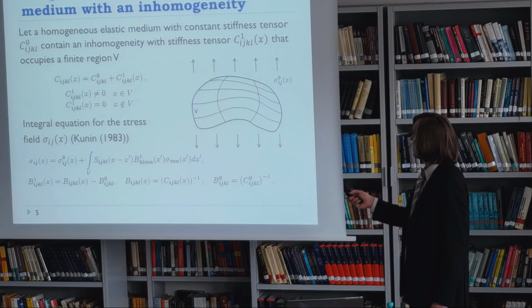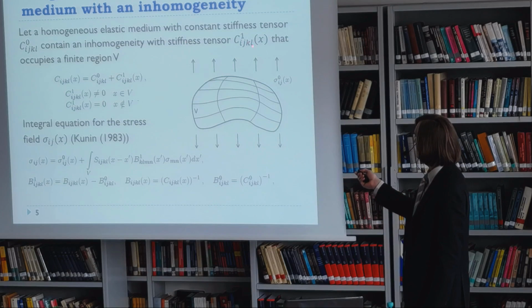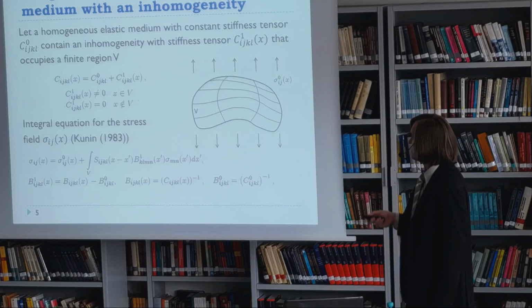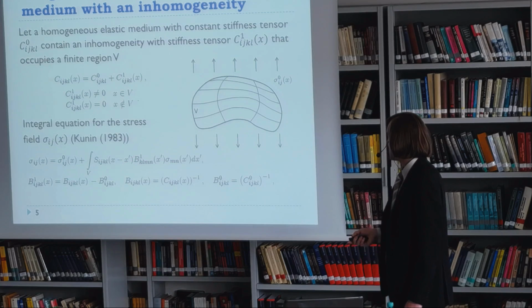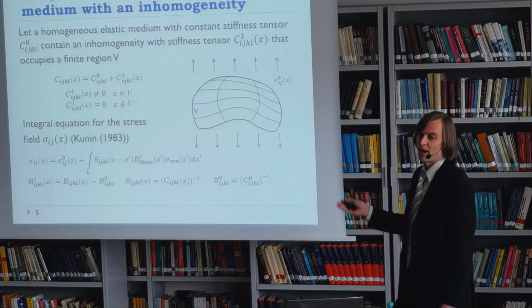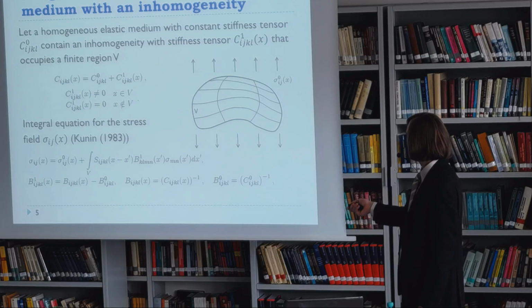So here we suppose that our matrix has the elastic tensor C0, while our inhomogeneity has the elastic tensor C1 and occupies some finite region V. So we introduce this function C for the stiffness tensor as a function of V. And we propose the following integral equation for the stress field sigma, which is quite similar to the equation for cracks, with the only difference that instead of the normal we have this fourth-rank tensor B1, which is derived from not stiffness but compliance tensors of the medium and the inclusion here.